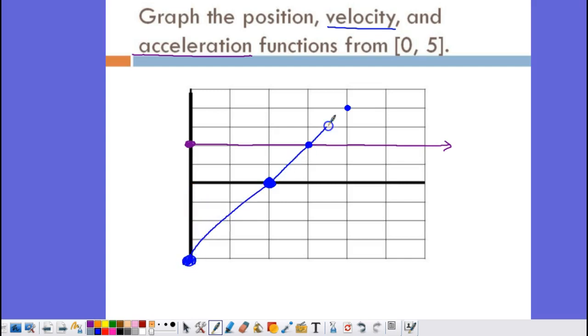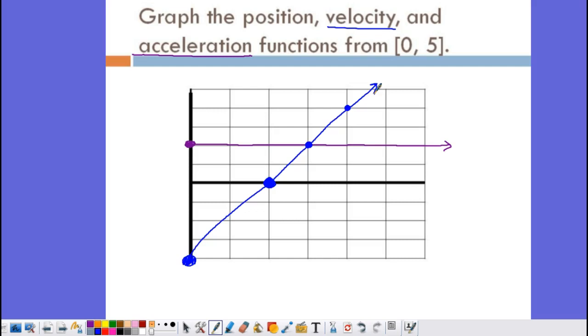Connect those lines. What does that mean whenever they intersect? That means that we can talk about speeding up and slowing down. When they intersect, the particle is changing from speeding up to slowing down, but it has more to do with positive and negative.